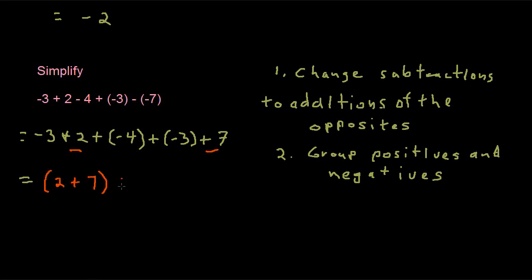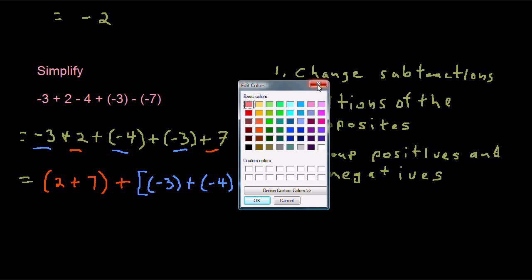We're using the commutative and associative property to do this. And we have 3 negatives, so let's group -3 and -4 and another -3.